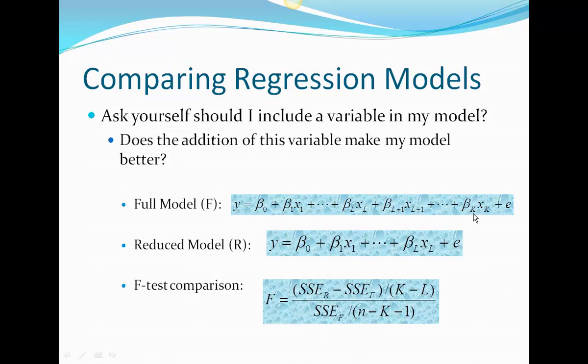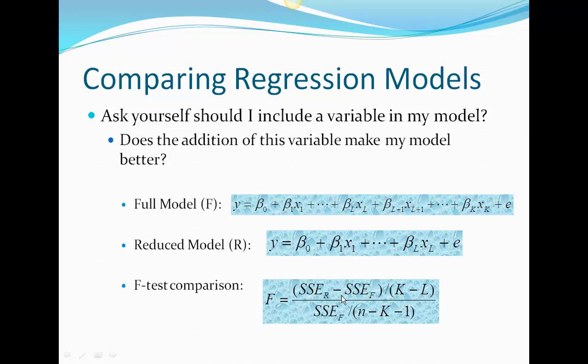So K is going to be the number of independent variables in your full model, and L is going to be the number of independent variables in your reduced model. And then you'll have to run both, and then you will calculate this in Excel using the sum of squared errors from the reduced model and the sum of squared errors from your full model.